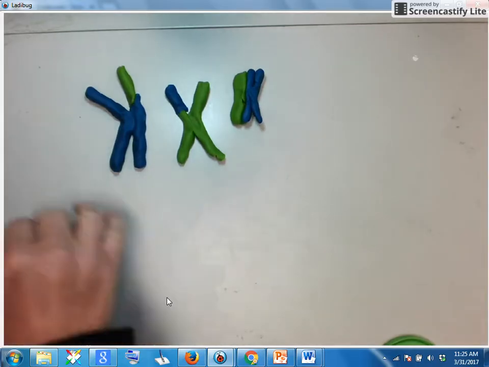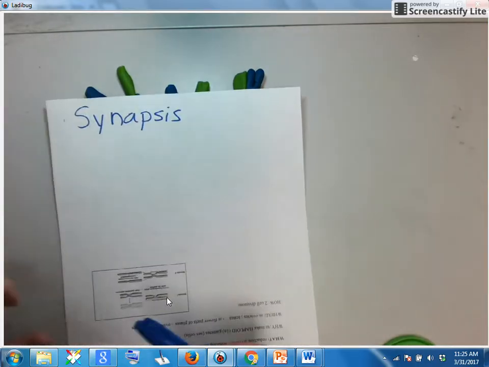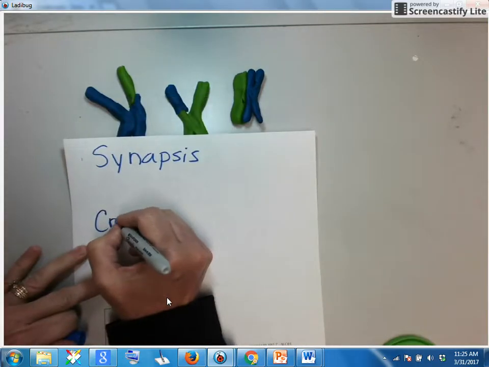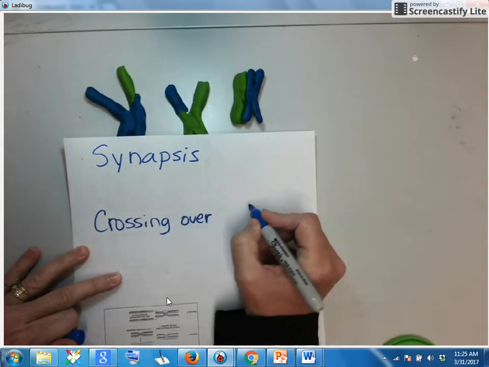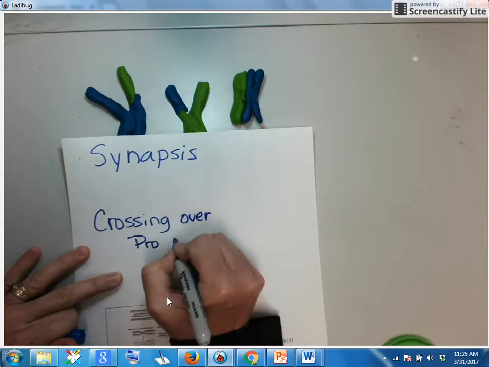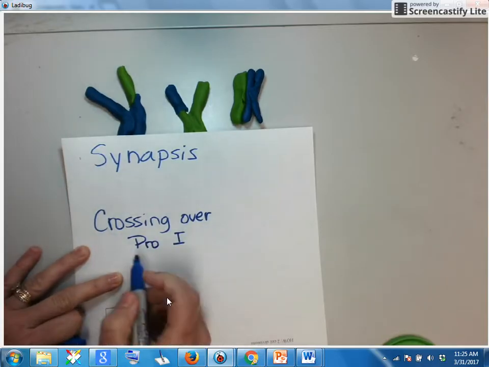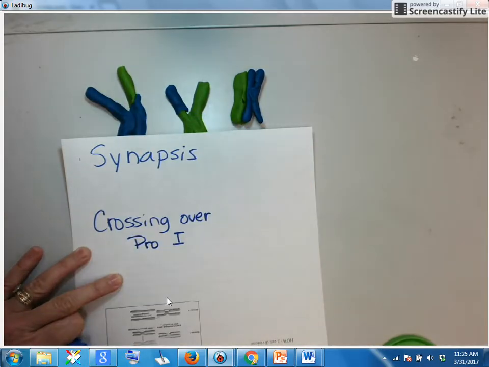So this is actually called, real complicated, y'all, crossing over. And this happens in prophase 1, and it is when the chromatids physically cross over and break off and exchange DNA.